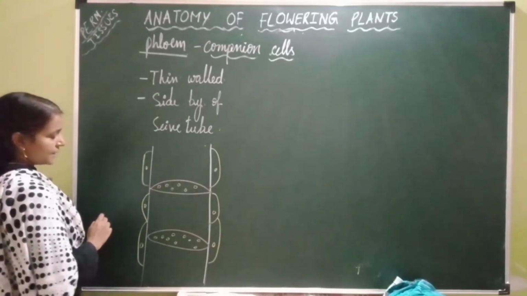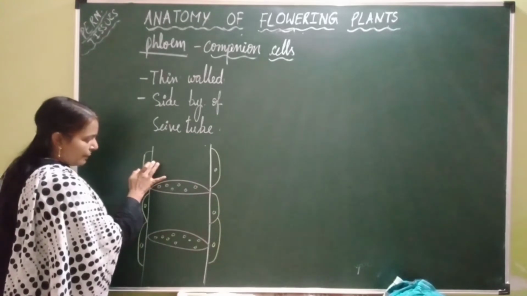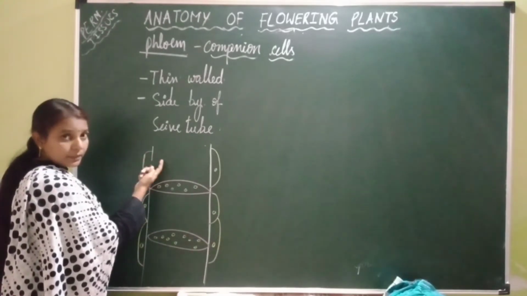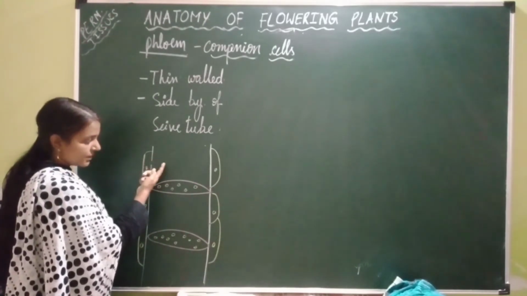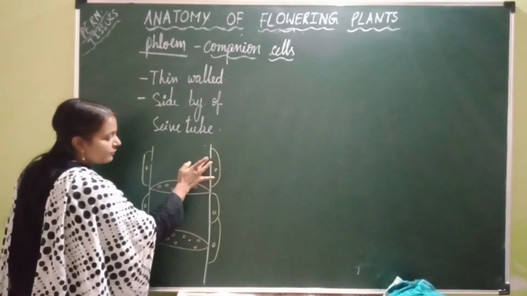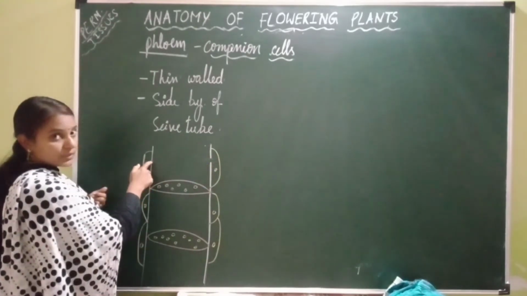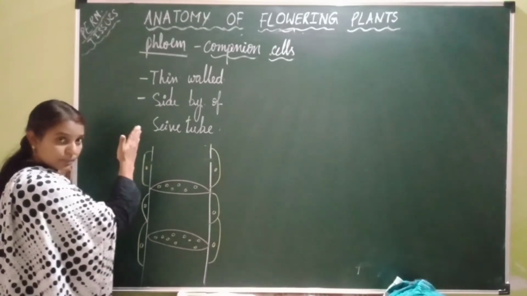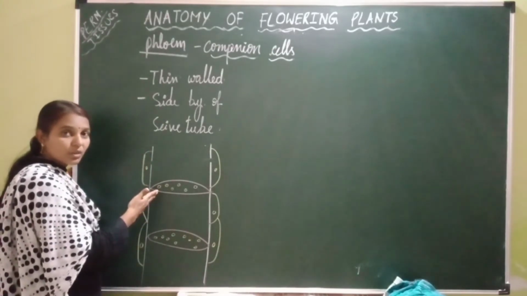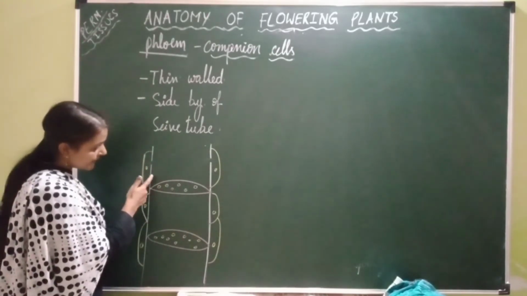The cytoplasm of the companion cell can enter into the cytoplasm of the sieve tube through the passage which is present on the common longitudinal wall of companion cell and sieve tube.